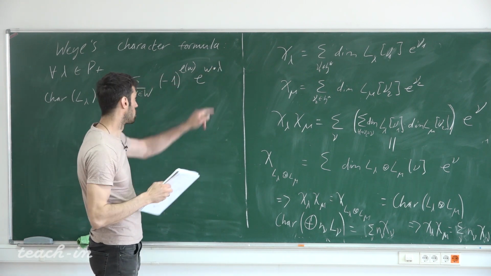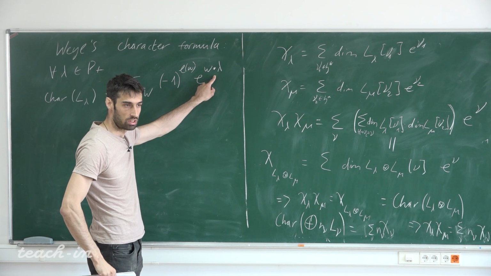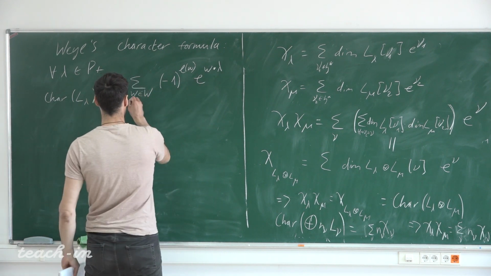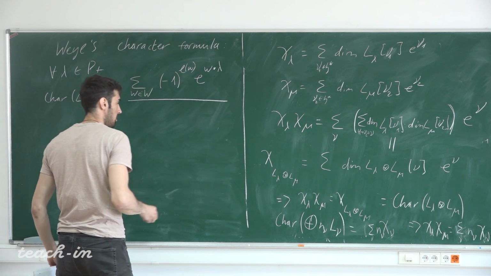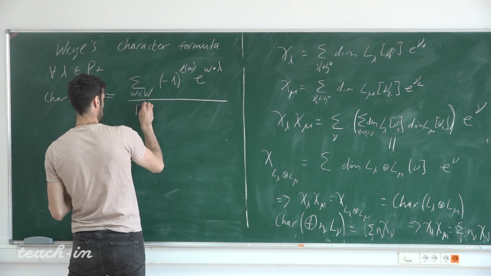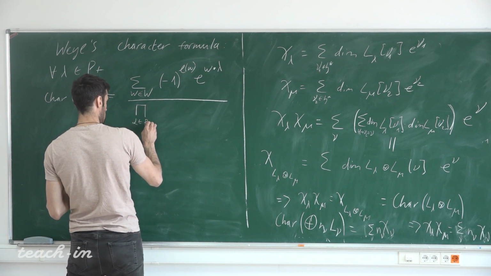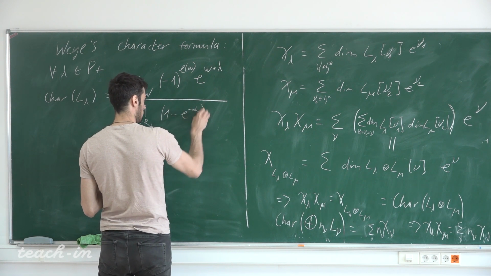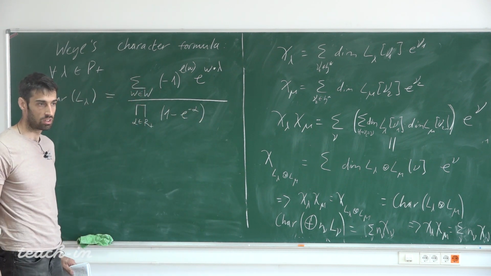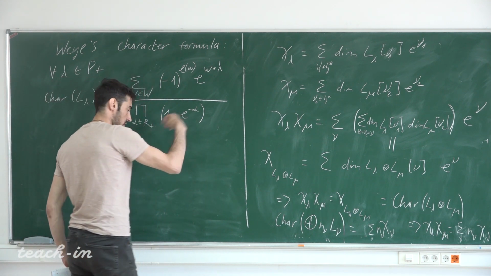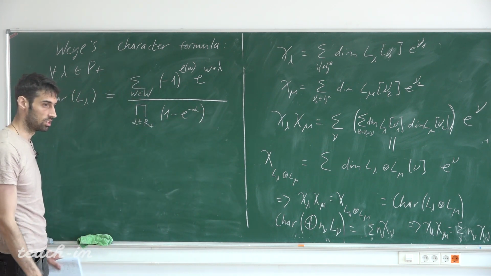So this is the shifted Weyl group action that we mentioned before, divided by the denominator that we have already seen today, product over alpha from R plus of 1 minus e to the negative alpha, where again I should understand this as a series.